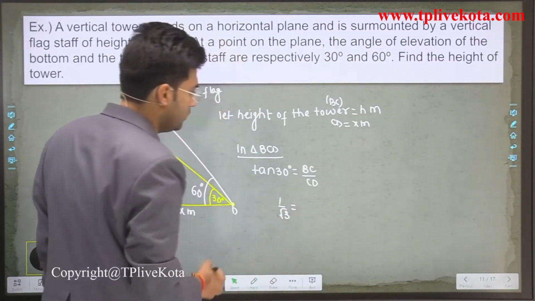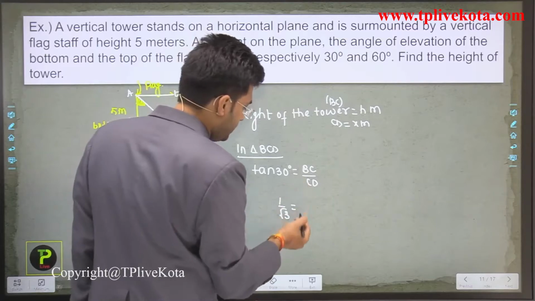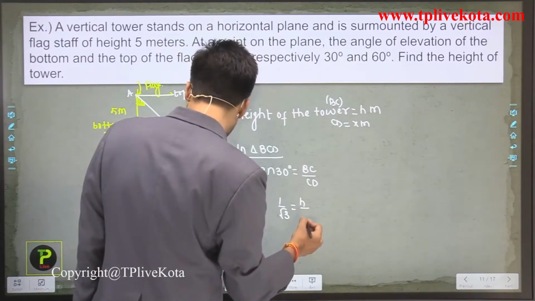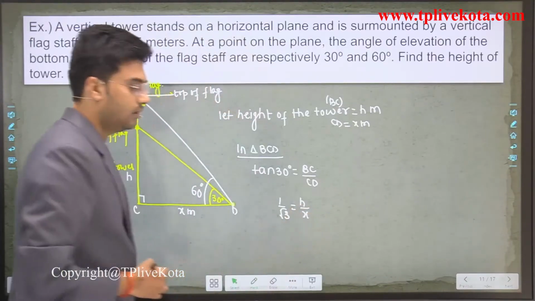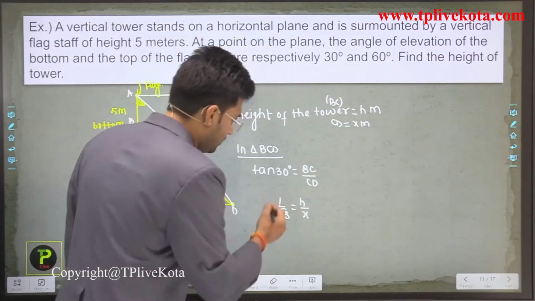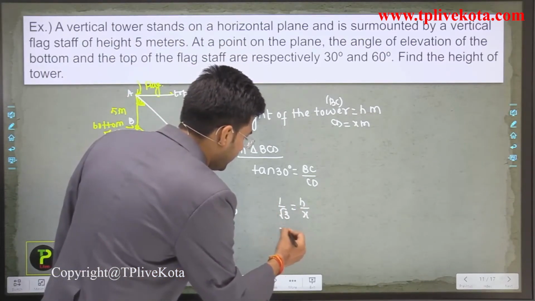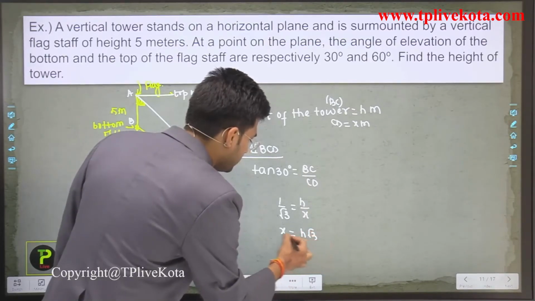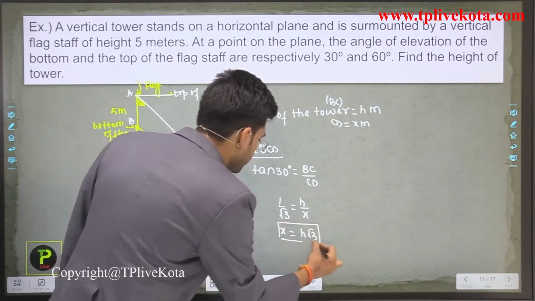BC is h, and CD is x. So 1 upon root 3 is equal to h upon x. So from here we can write x is equal to h root 3.